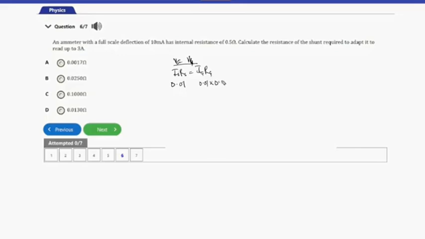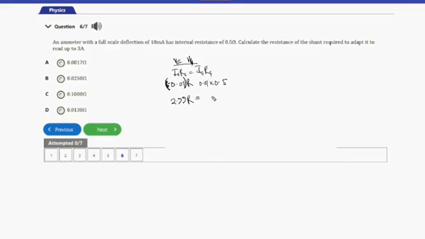But then for the shunt, the current will be 3 amps minus 0.01 amps. And then the resistance is unknown, and that's what we are going to look for. So having that the current is 3 minus 0.01, that will give us 2.99. So in that case, we have the current here, but we don't have the resistance.